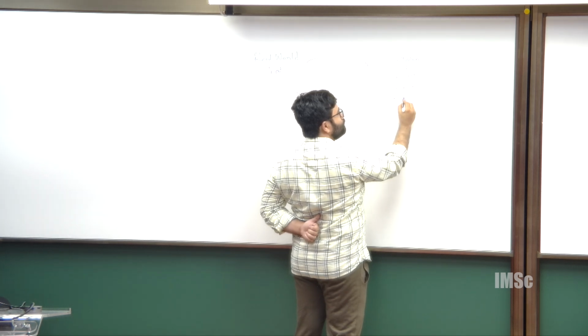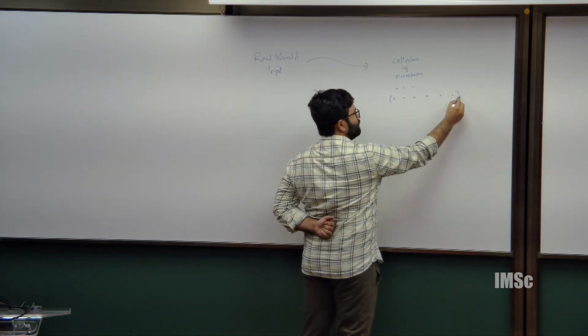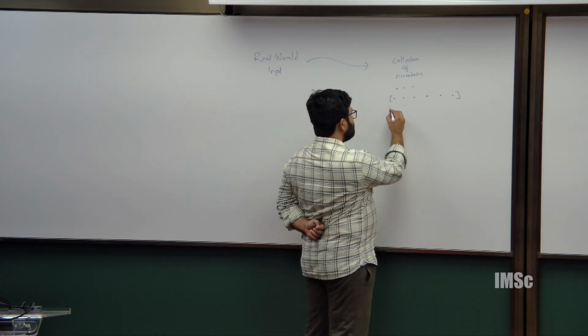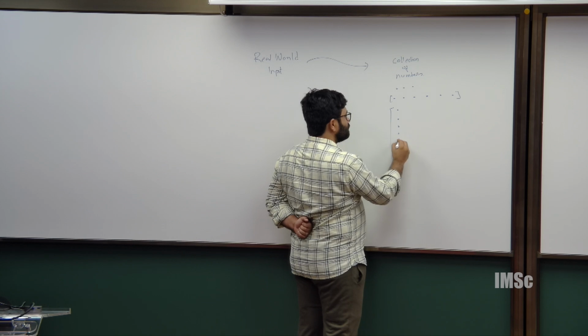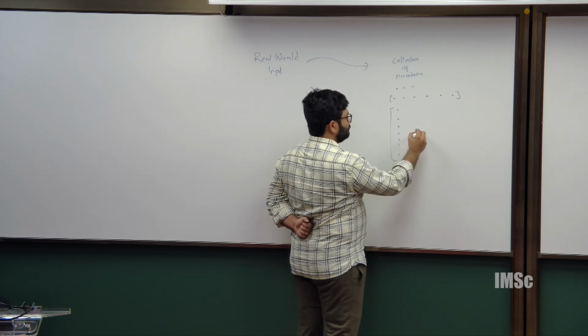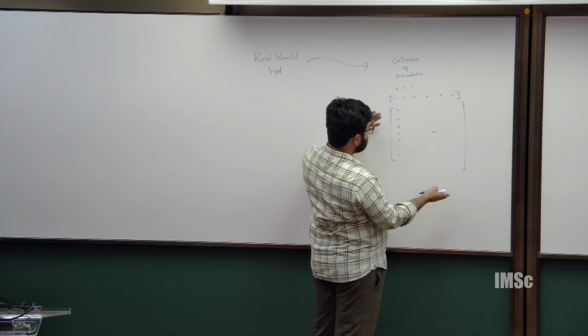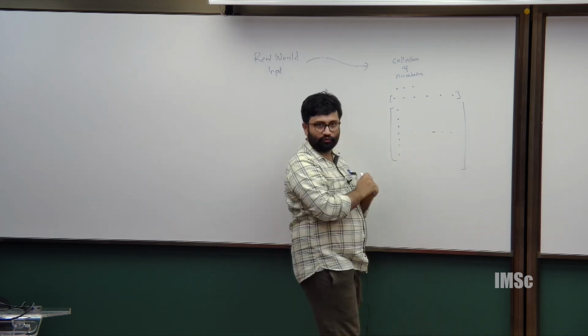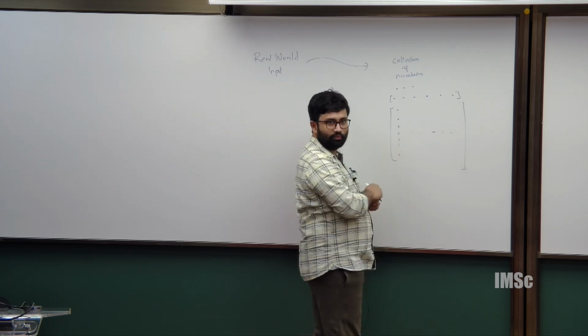I hope all of you know what vectors are. A vector is just a sequence of numbers, or matrices, which can be thought of as a sequence of vectors, or a two-dimensional sequence of numbers. At every position, the ijth position, there is some specific number.